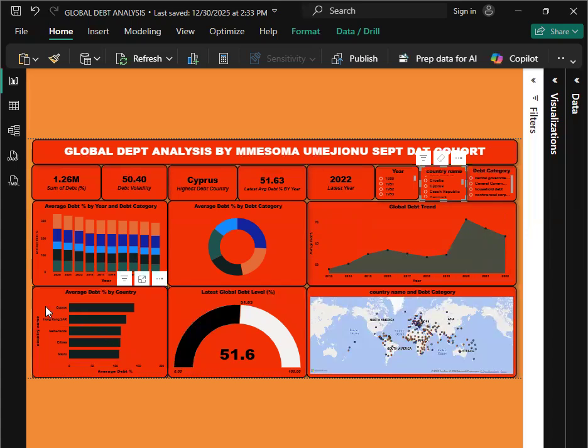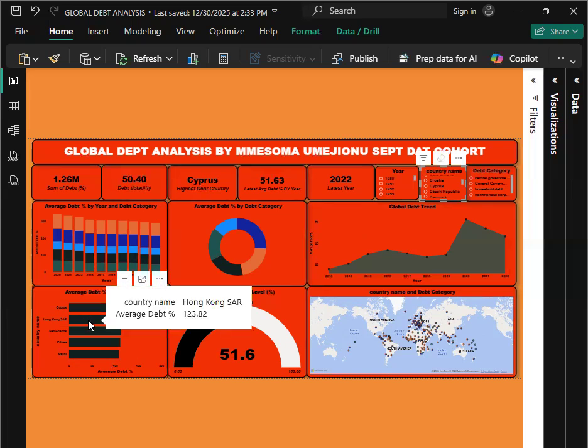Then this card over here is a bar chart which ranks countries by average debt percentage. And from the KPI over here, we can see that Cyprus is the country with the highest rank, confirmed by this bar chart.